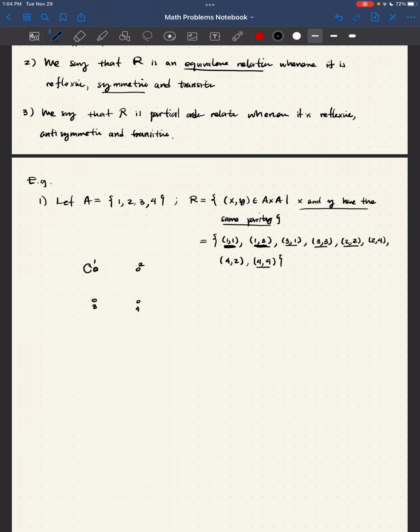So in that case, I have to provide a loop. For 1 to 3, I will have to provide that one. From 3 to 1, I will have to provide that one. From 3 to 3, a loop. From 2 to 2, a loop. From 2 to 4, a directed edge. From 4 to 2, a directed edge. And from 4 to 4, a loop.